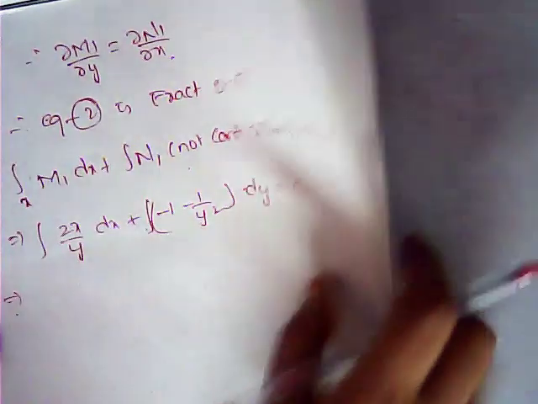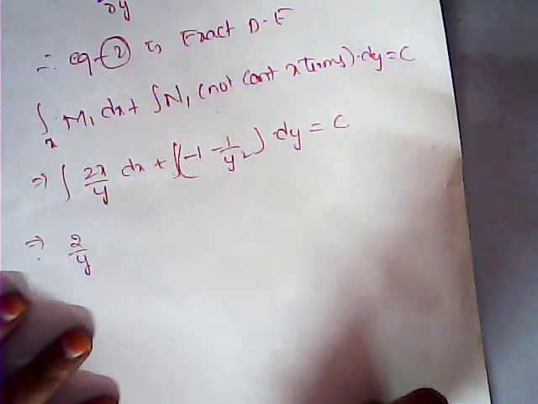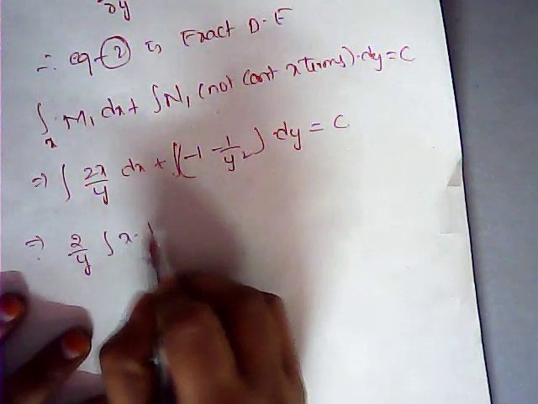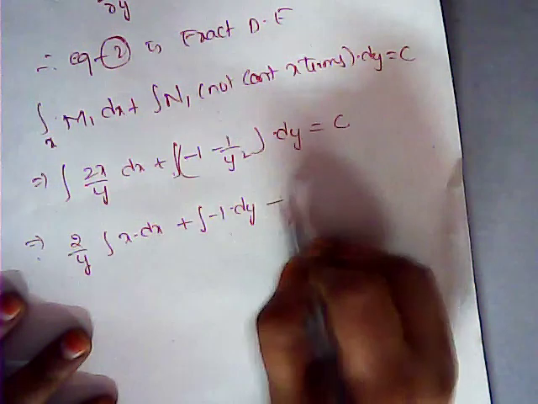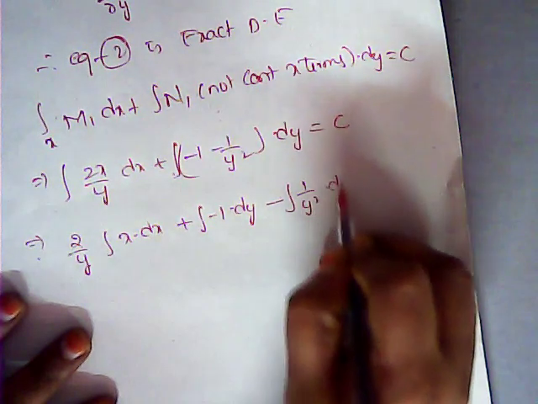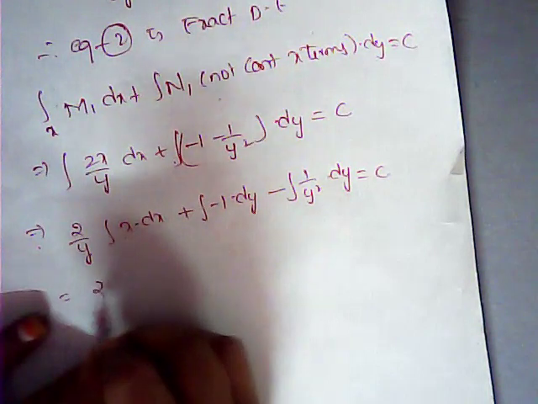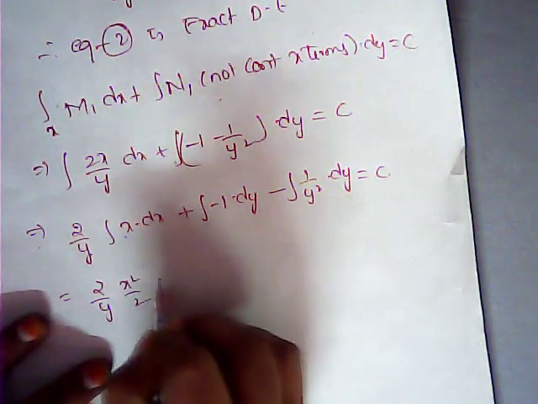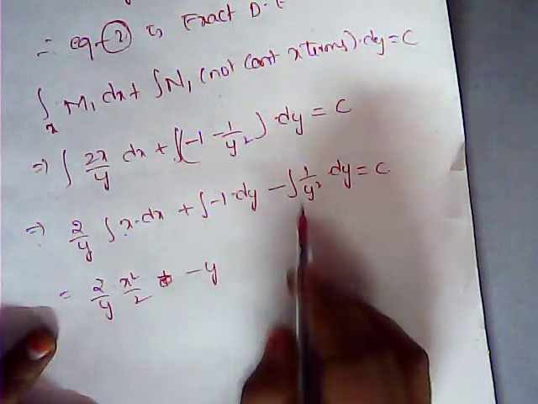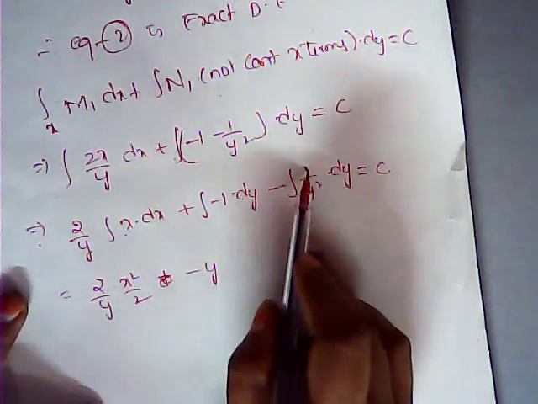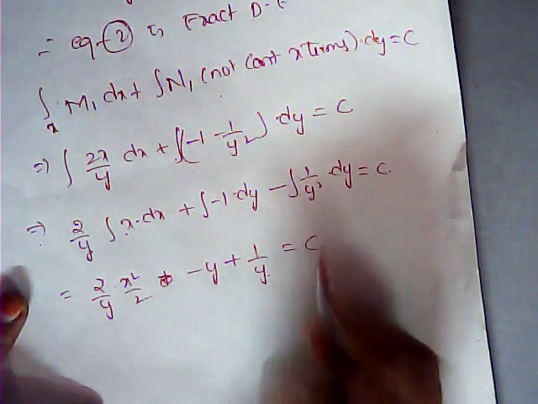So go with the integration of x now. 2 by y is treated as constant, so bring out the 2 by y: integration of x into dx plus integration of minus 1 into dy minus integration of 1 by y square into dy is equal to c. Integration of x is x square by 2, integration of dy is minus y, and here you will get minus 1 by y, minus 1 by y means plus 1 by y, is equal to c.